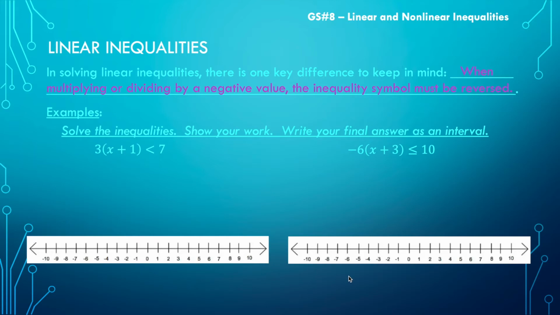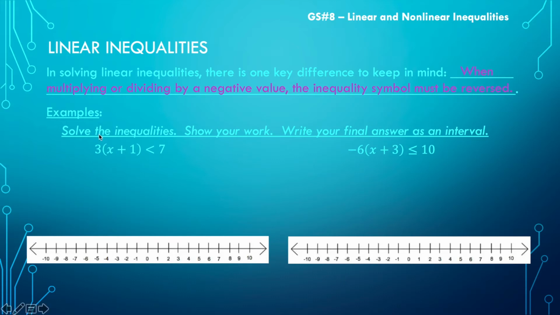So anything that was less than will then become greater than, and anything that is greater than will then become less than. And of course, that applies to the less than or equal to's and the greater than or equal to's as well. So let's walk through a few examples of solving linear inequalities.